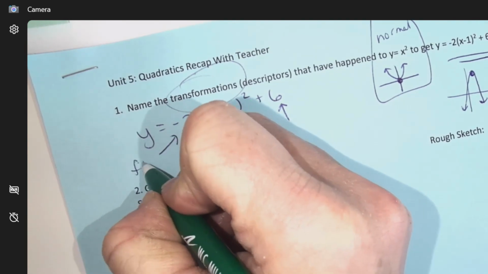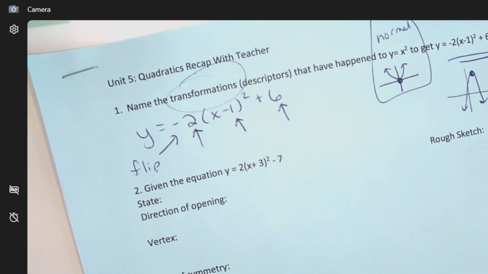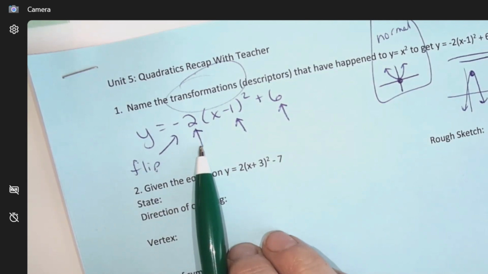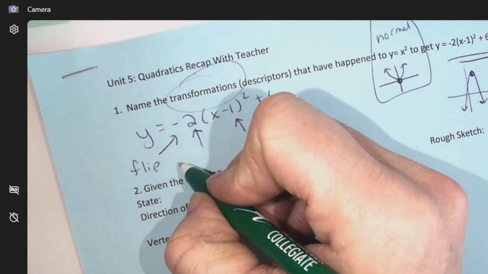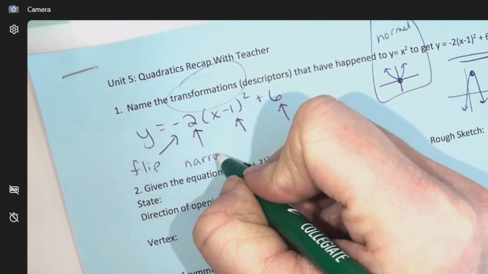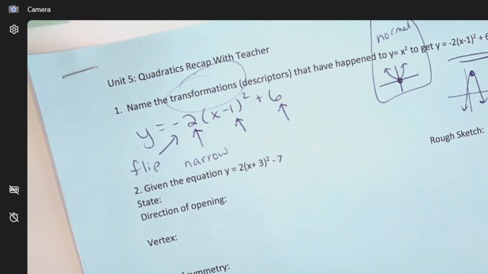It made it flip, right? Any predictions what the 2 did? It made the arms of it become more narrow. And which way did it go with the 1? Left, right, or up or down?